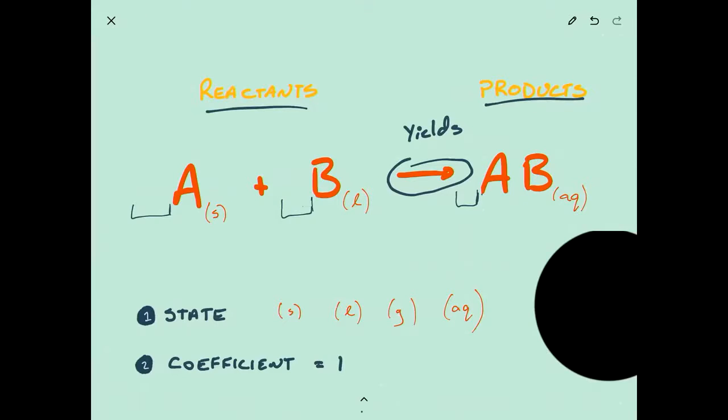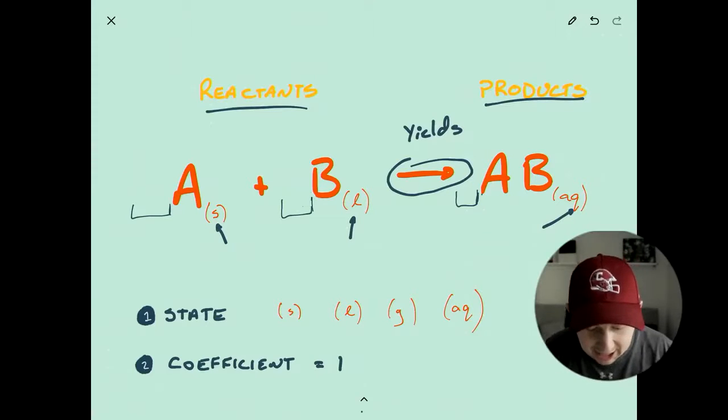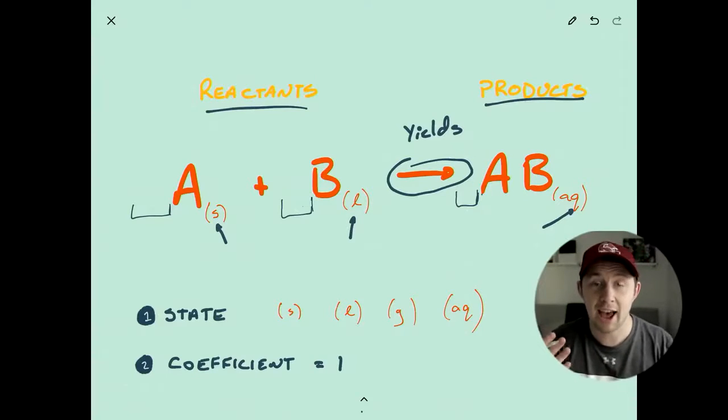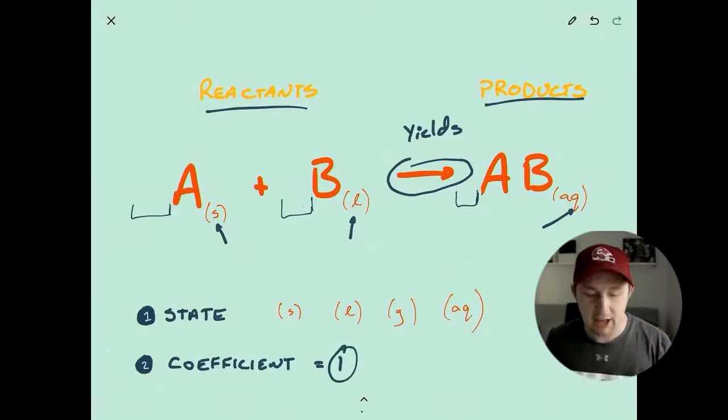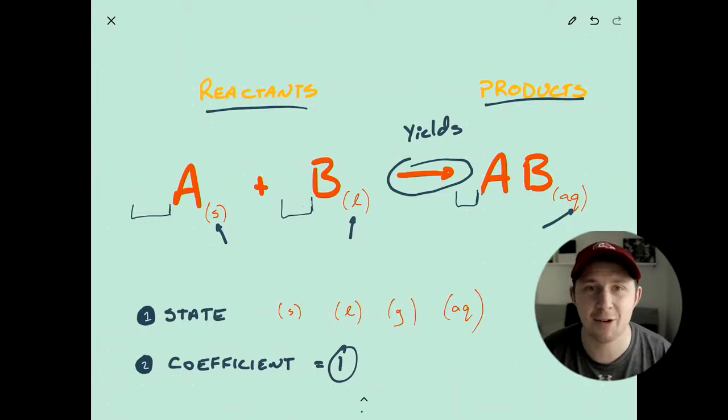You need to make sure that in every formula, you have your state identified, and you need to have coefficients in there as well. So you need to have all of those things in every chemical formula you write.